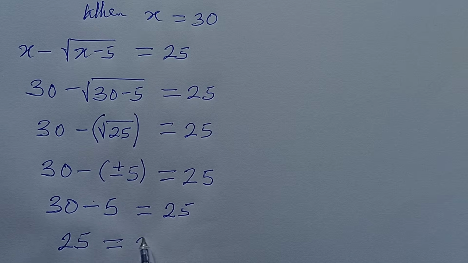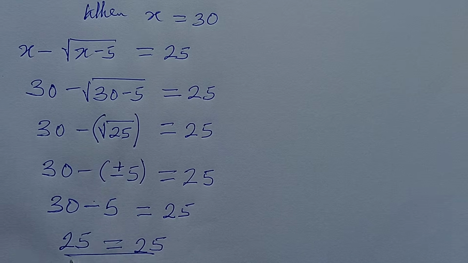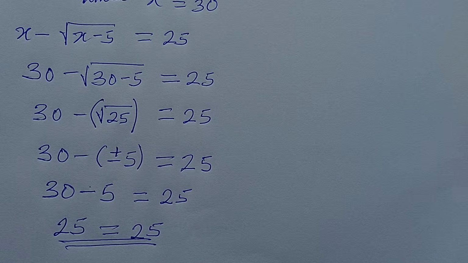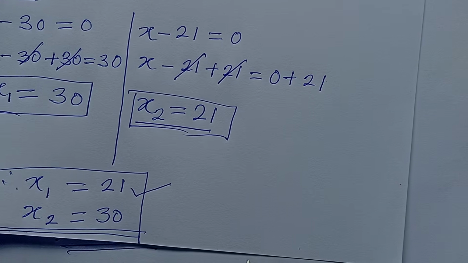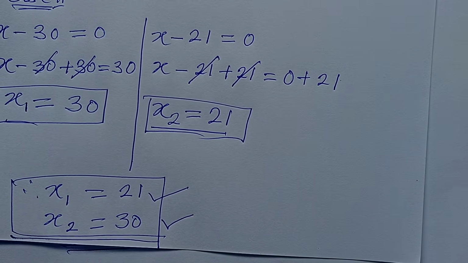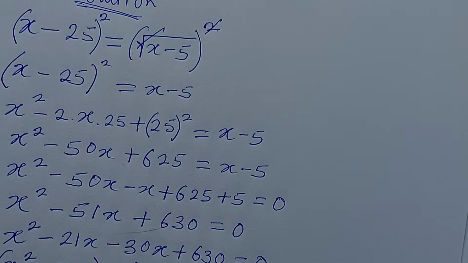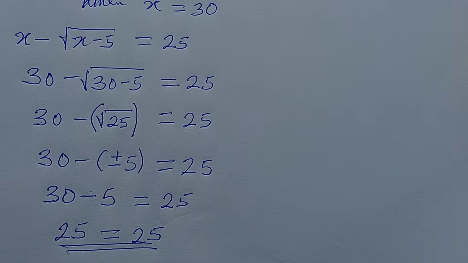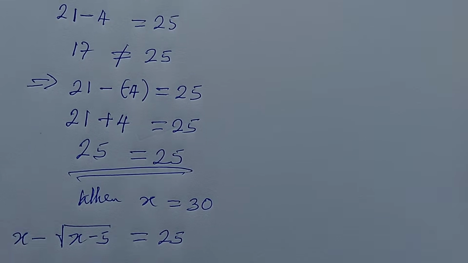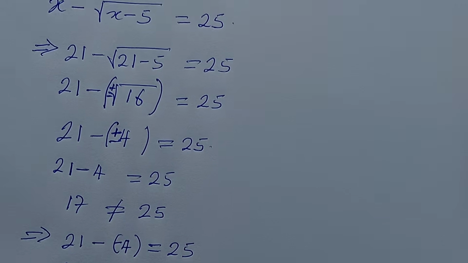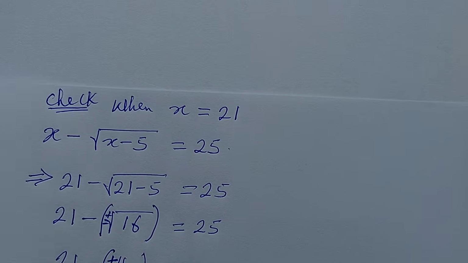This is equal to 25. So this shows that the second root, which we also solved for, actually satisfies the original equation. So this is how you solve and verify radical equations of this kind. If you have any question with regard to the verification, drop it in the comment section.